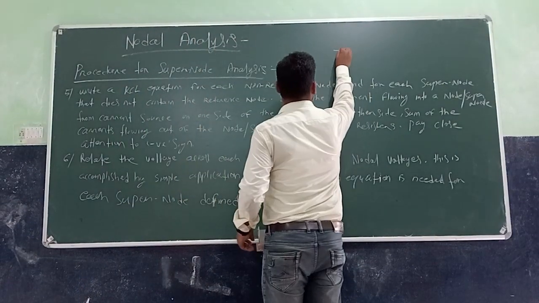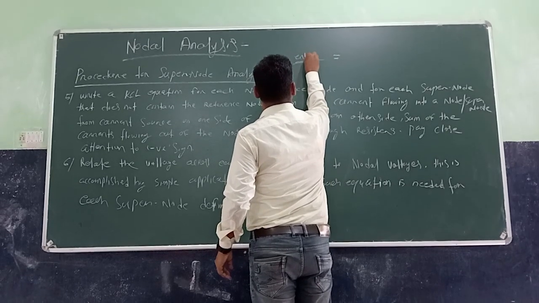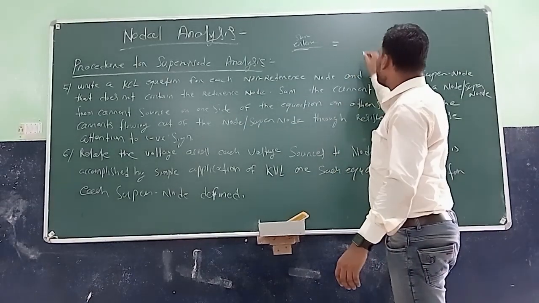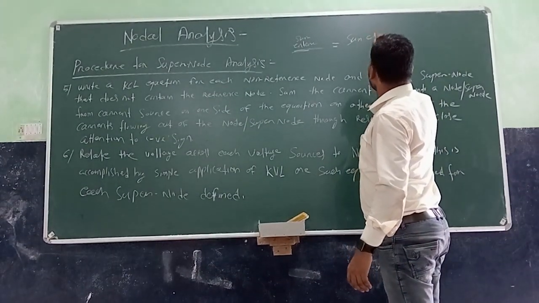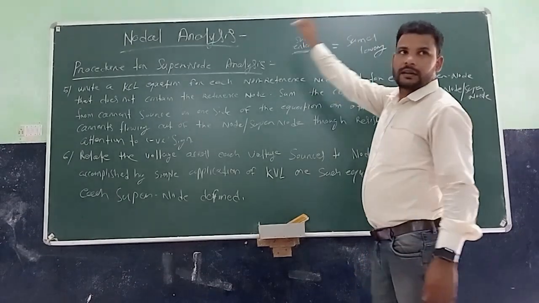Equation means there should be an equal sign: the sum of the entering currents on one side, the sum of the leaving currents on the other side.